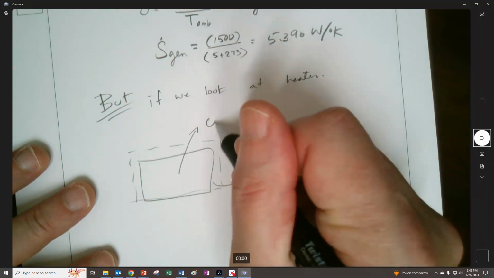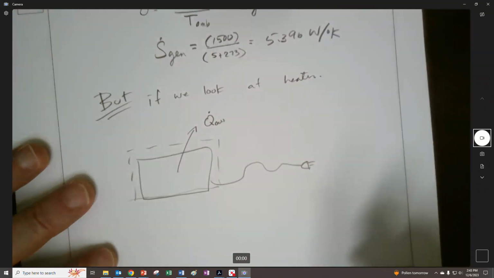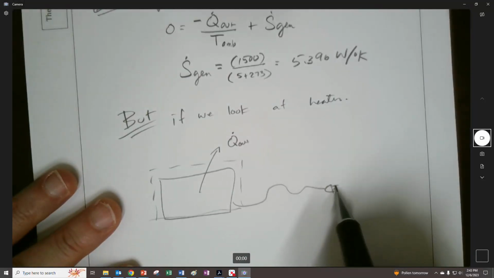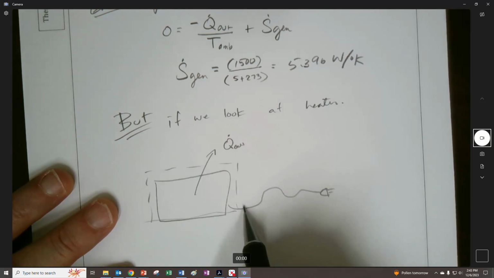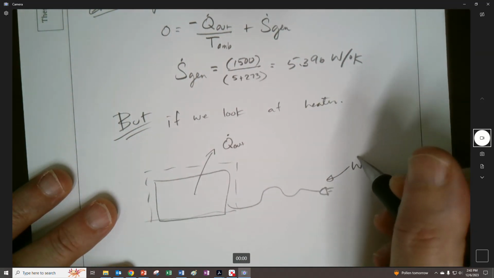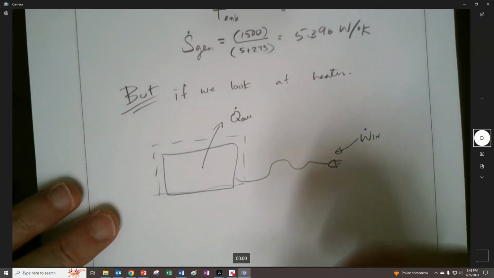Now we have this Q coming right to here. This is the Q out now. From here, it's the same heat being pumped out of this and coming back in there, but we're using electrical resistance, which we could classify as work. So we're still putting our W work in there.